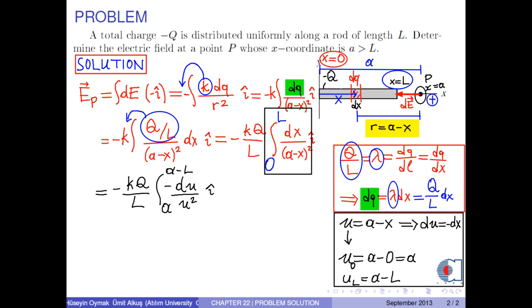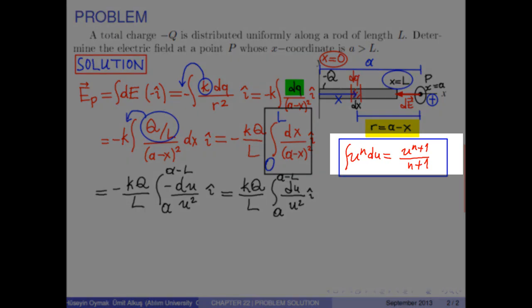Or simply k times Q over L times integral of du over u squared, i hat, with the integral limits a and a minus L. Here we can use the integral of power functions. For example, the integral of u to the nth power is u to the n plus 1 over n plus 1.